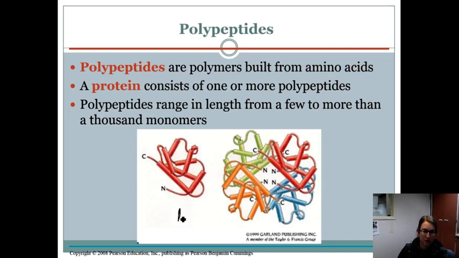So this one right here on the left has one polypeptide, and this one on the right, you can see there are 4 polypeptides together, and that makes one protein here. So this protein has 4 polypeptides. This protein on the left only has one polypeptide.